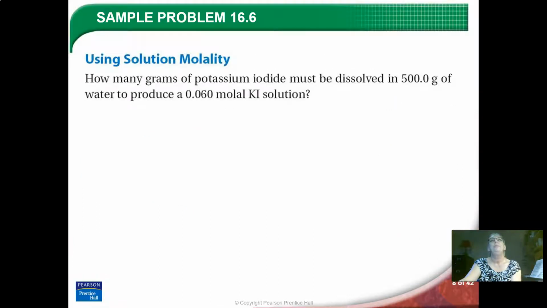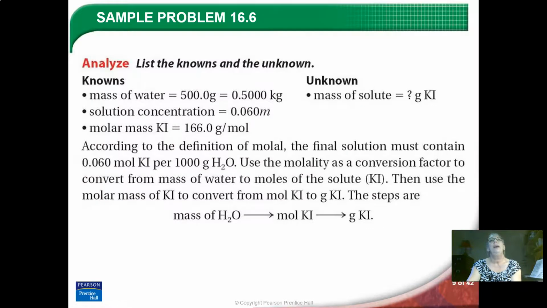So how would we do molality here? We're going to have 500 grams of water, and we want to make this molal, so we need to figure out how many moles we need of potassium iodide. We have the mass of water, we have the molality, we have the molar mass from the periodic table, and then we can figure out grams.